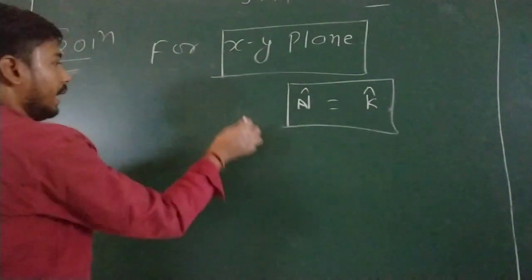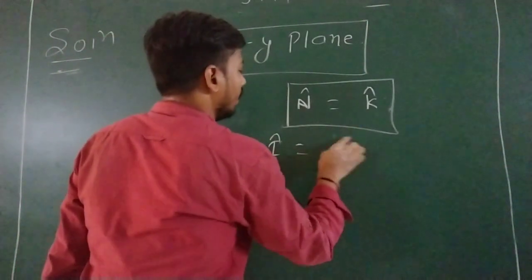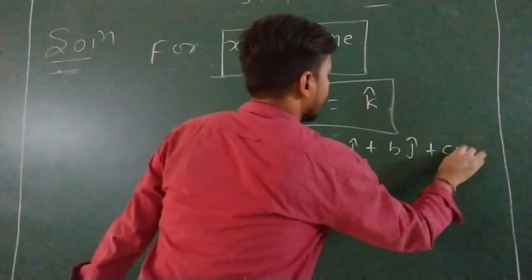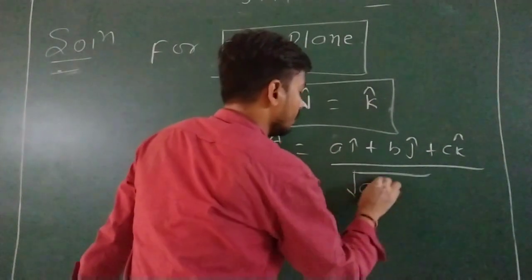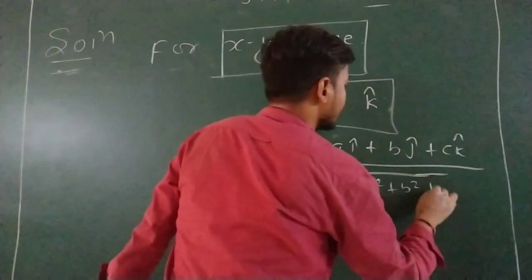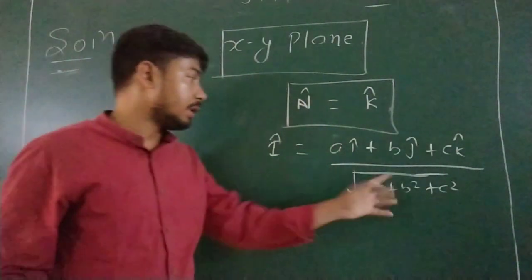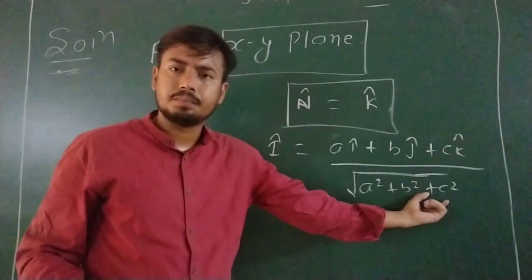Okay. And i cap we calculate from here, vector A i cap plus B j cap plus C k cap. If you divide by its magnitude, root of A square plus B square plus C square, this becomes its unit vector. Suppose that these are already unit vectors, then this becomes 1.